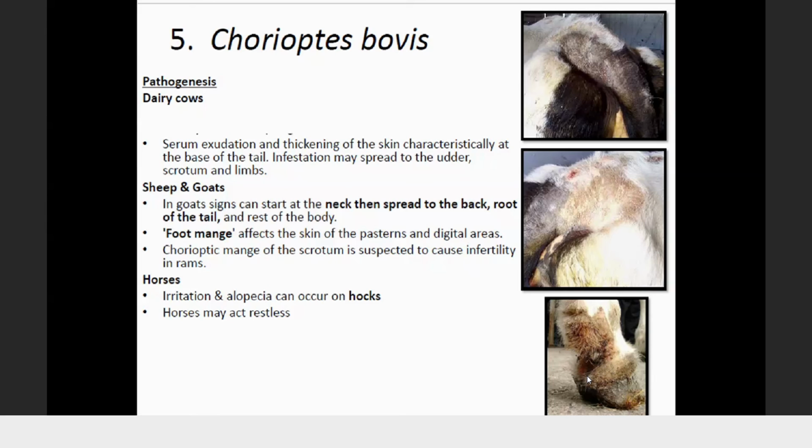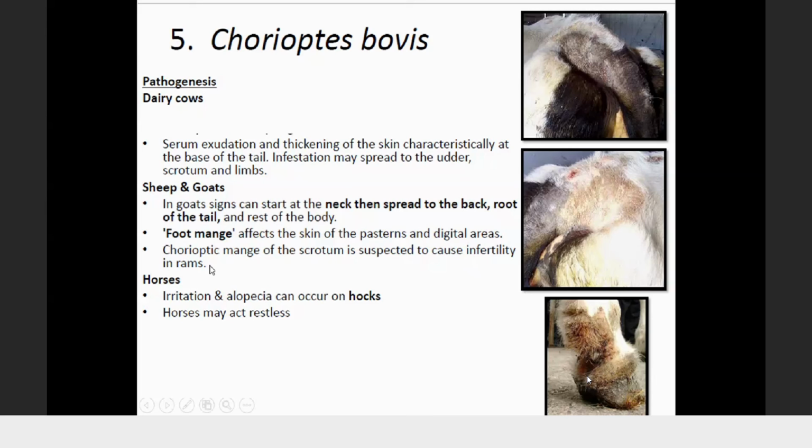The lesions start and spread to the back, the root of the hair, and the rest of the body. It is also called flamage, as it affects the skin of sensitive areas. That's also like this picture, where it is present in the foot.